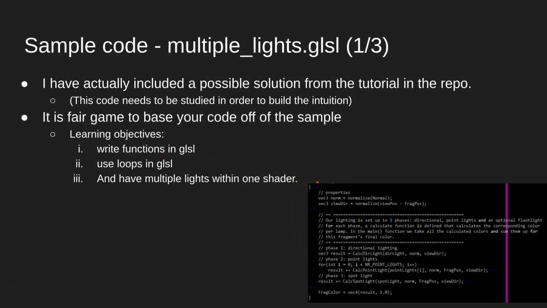Again, expanding our notion here. And remember that GLSL, the GL shading language, is just OpenGL specific, but it's a C variant language. So if you already know C and C++, like we've been doing, you know all the syntax. Use some loops, and you can have multiple lights within one shader here.